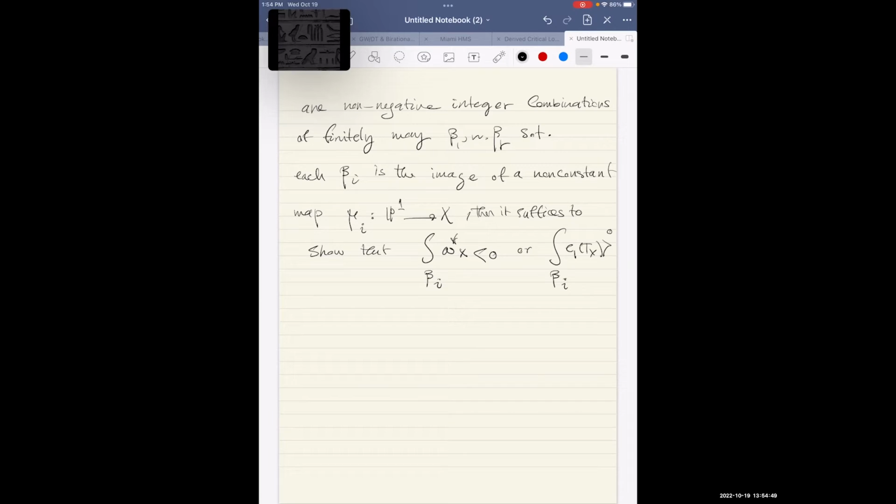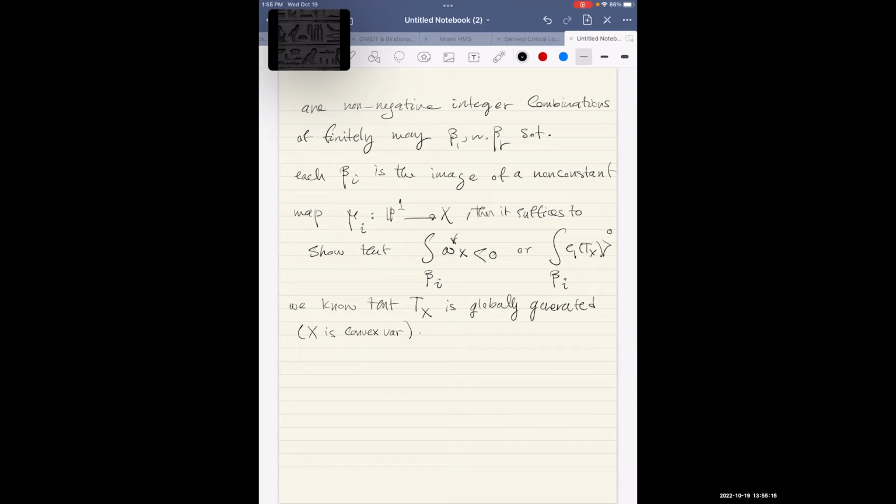So why am I writing in terms of the C1 of the tangent bundle rather? Because we know that T of X is globally generated. Remember that X is a convex variety.